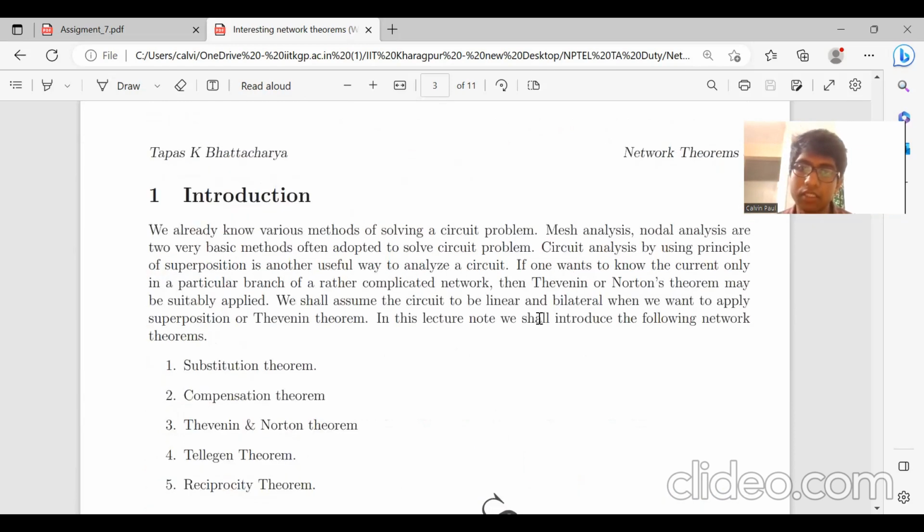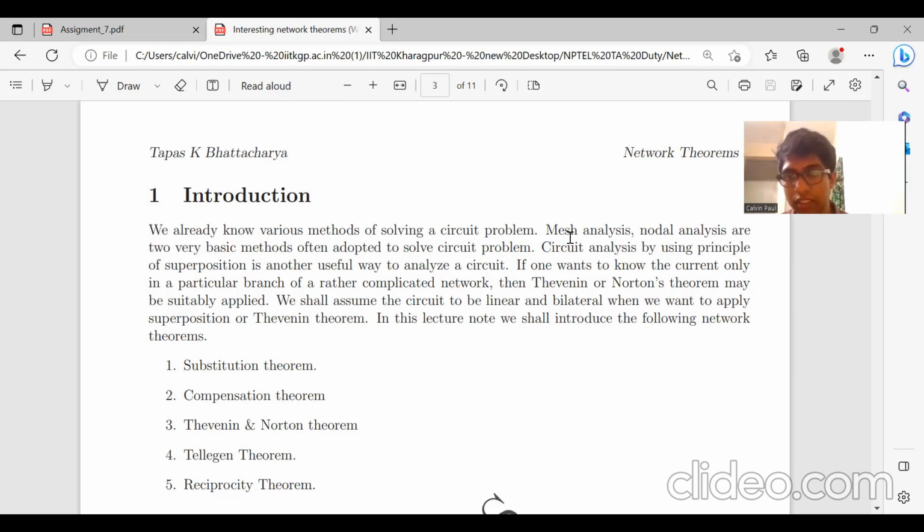Till now in this course we have learned mesh analysis and nodal analysis, which can be used to solve any circuit as a whole by suitably writing the KVL and KCL equations.